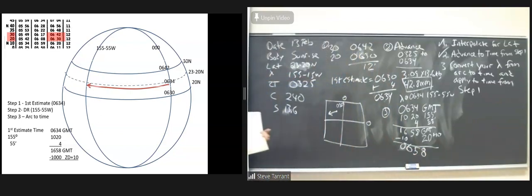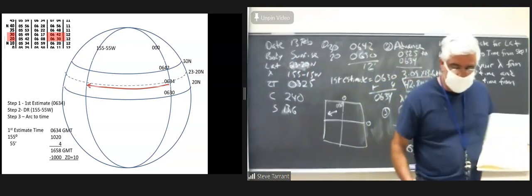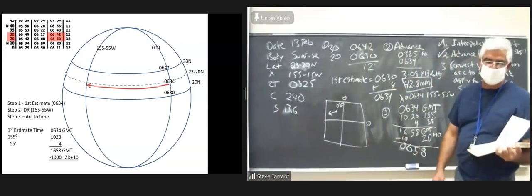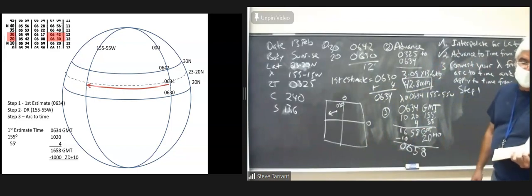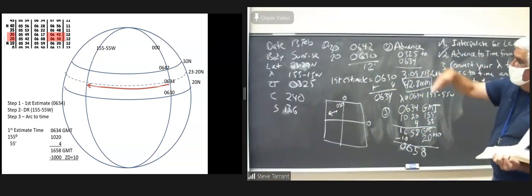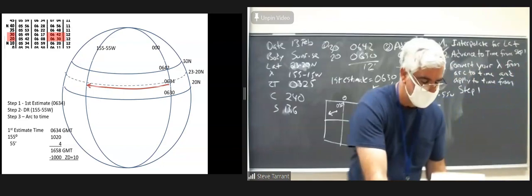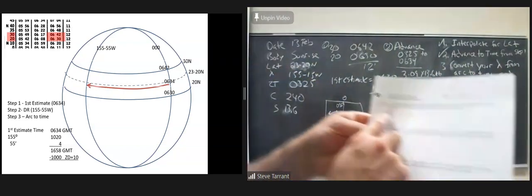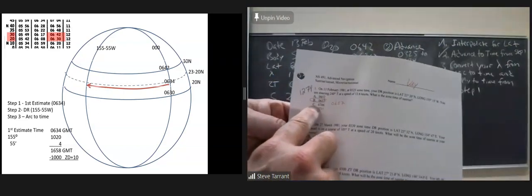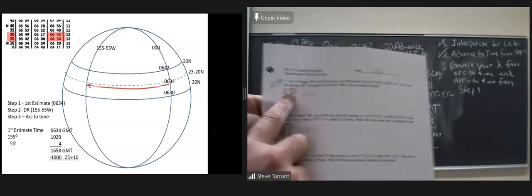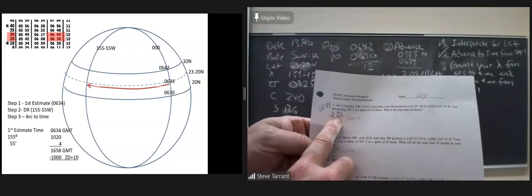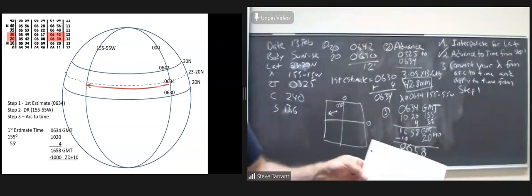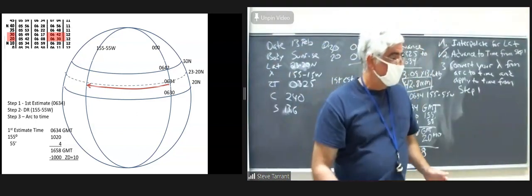And that's the answer. If you look at the key, it's 0657, your 1 minute difference. Looking at all the times on the answer key, 0652, 0657, you're only 1 minute off, which is what I told you at the beginning. That's plenty good.